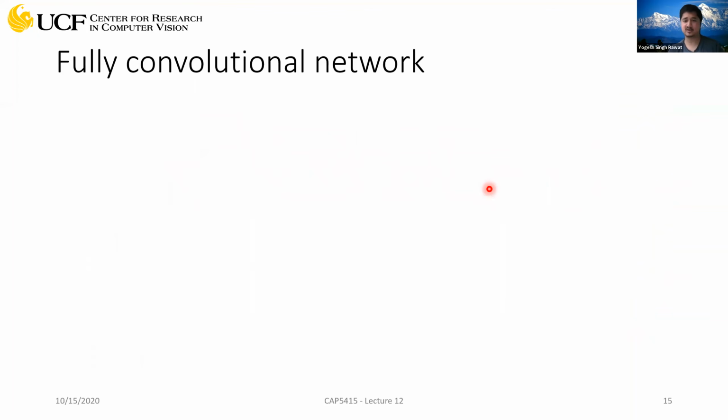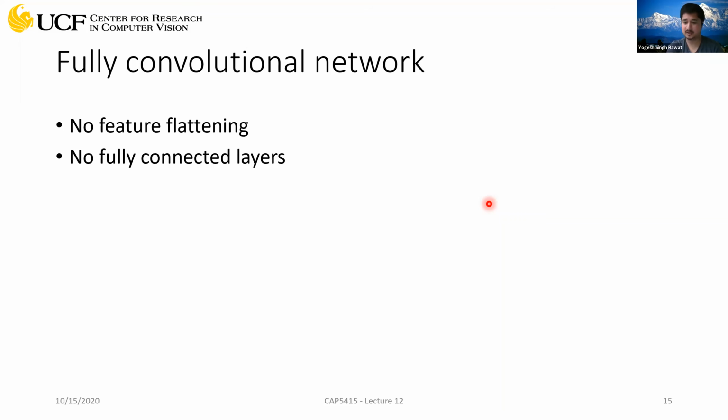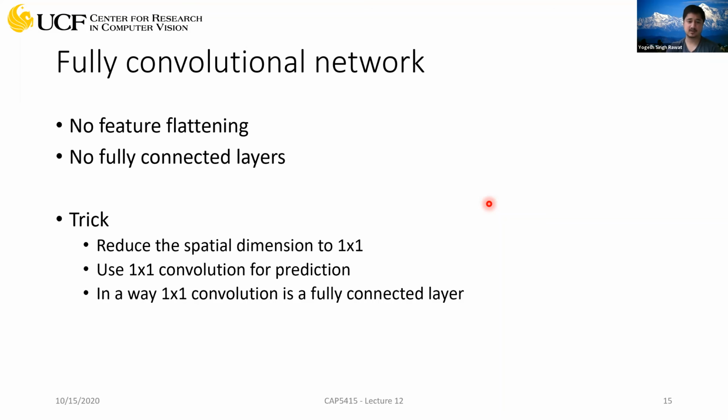We have variations like that for classification as well. Let's quickly go through some points. First of all, we don't need any feature flattening or any fully connected layers. Now the trick is we want to reduce the spatial dimension to 1 cross 1.